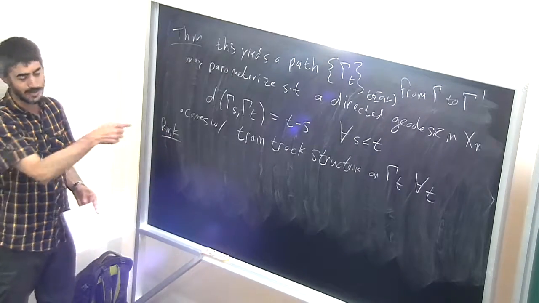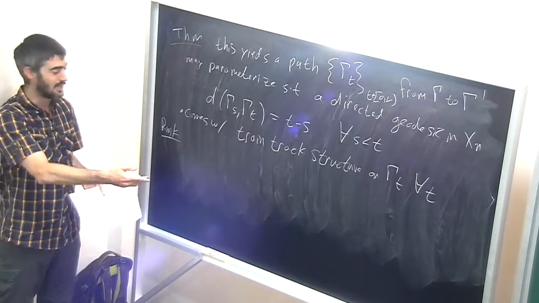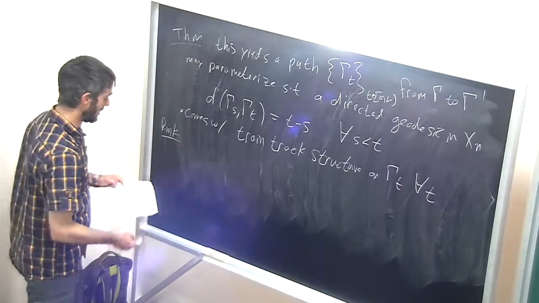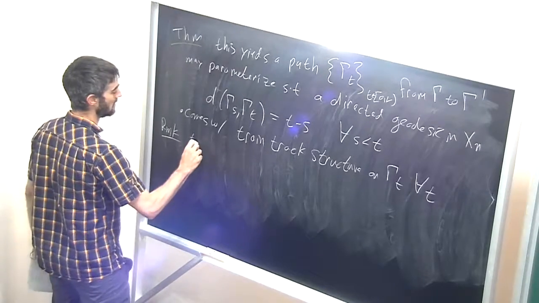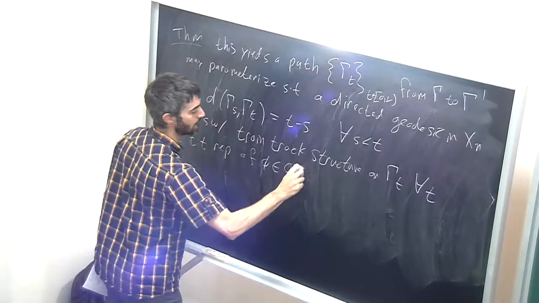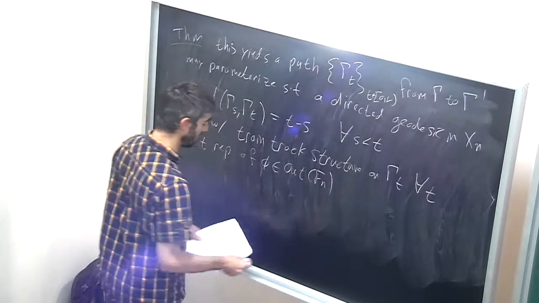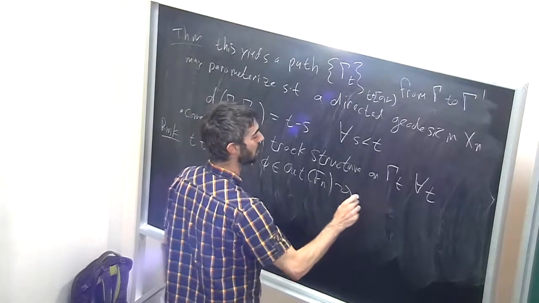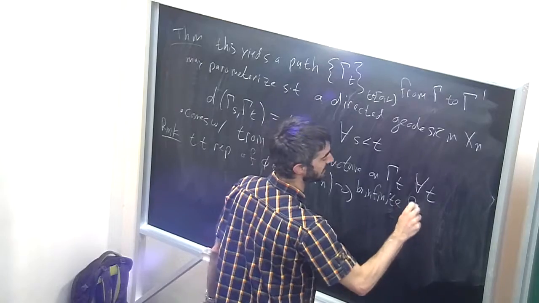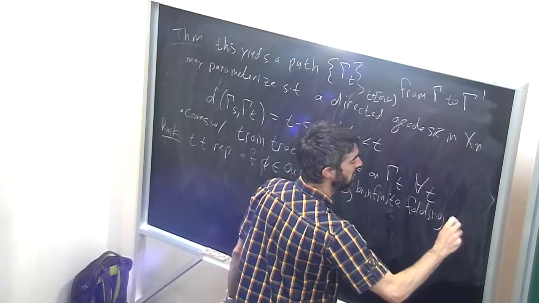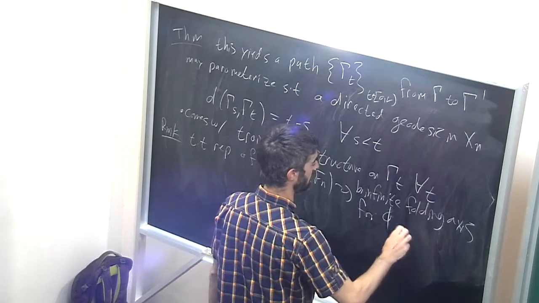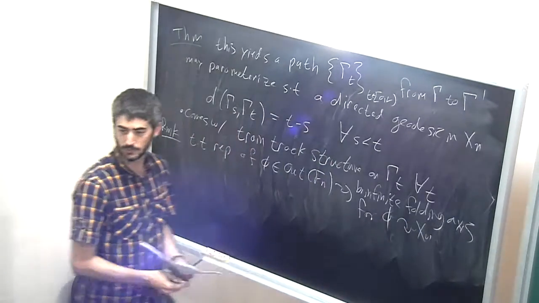From that, if you go to that point in outer space and you give it the right metric and you fold, you can build a bi-infinite geodesic that's invariant under the automorphism. So a train track representative of an automorphism via this folding process gives you a bi-infinite folding axis for the action of this on outer space. So that's kind of nice.